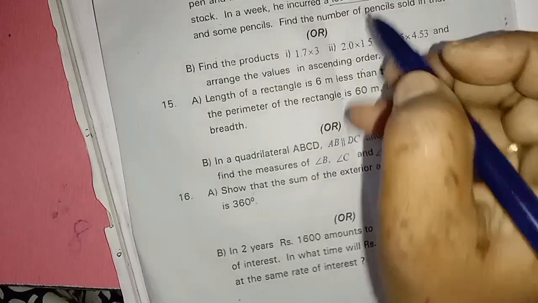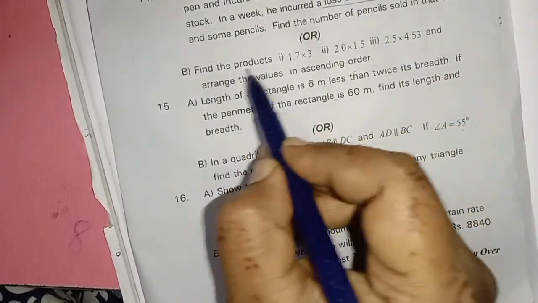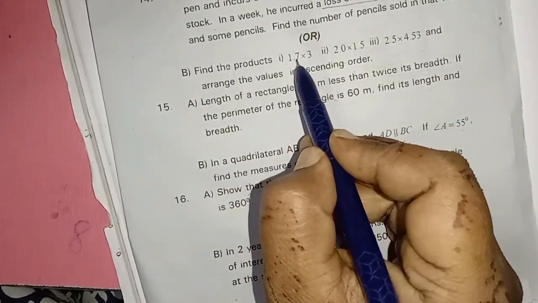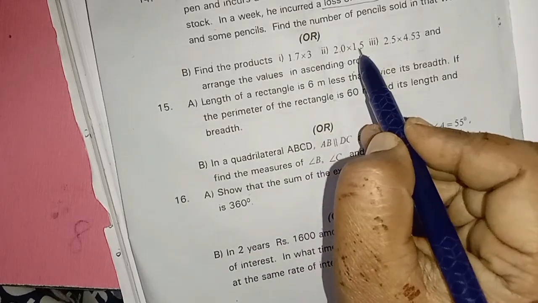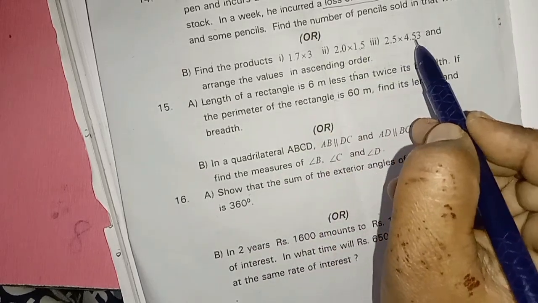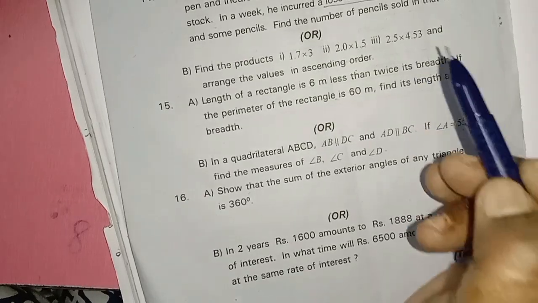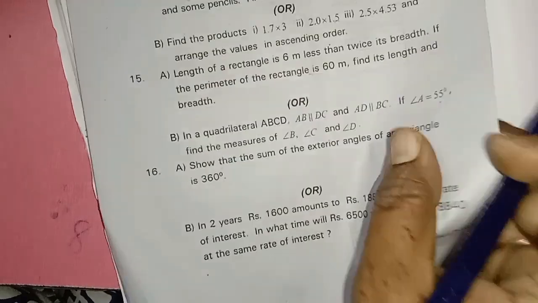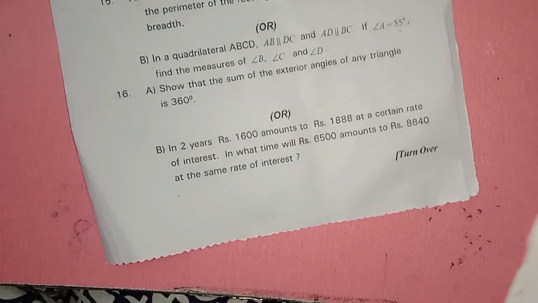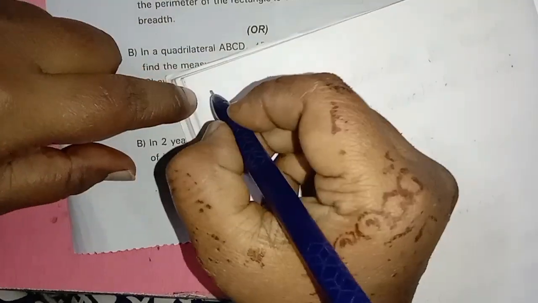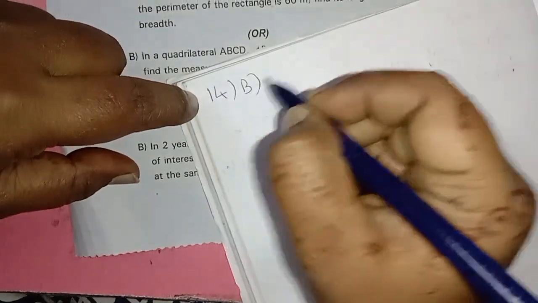So from this you can write any two. Find the products of 1.7 into 3, 2.0 into 1.5, 2.5 into 4.53. Right? Very simple one. So this is the 14th B question.